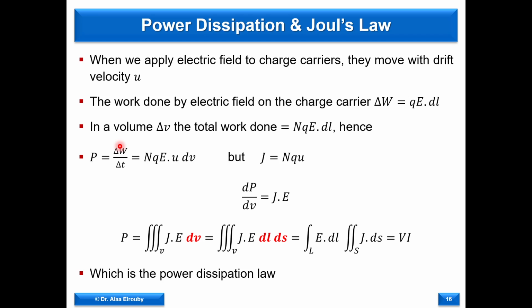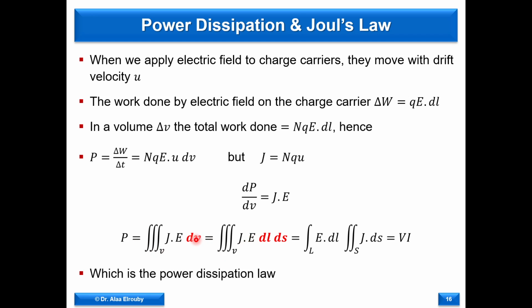So the power, which is the derivative of work with respect to time, will equal this equation, where dl by dt equals u, the velocity. So we have n q E dot u dv. We know that n q u equals J, so the power per unit volume equals J dot E. The total power equals J dot E integrated over the whole volume.